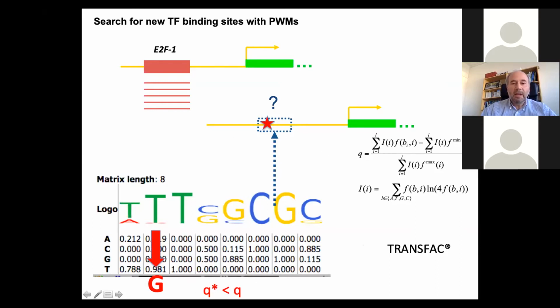If we see a drop in the score, for instance the new score after this change is much lower than the original score, we can say that this site was lost. In the other way, if this score becomes bigger and higher than a particular threshold, we can say that this site is gained. So it appears in this place.